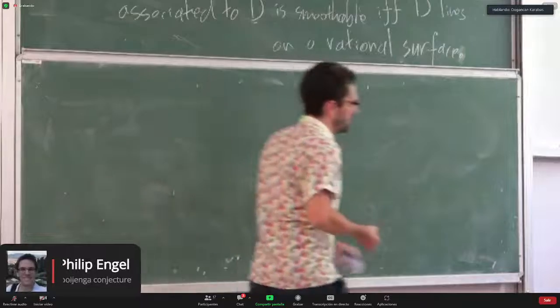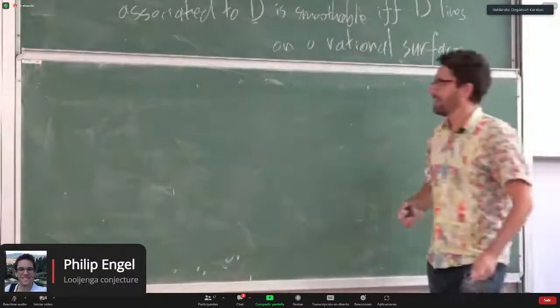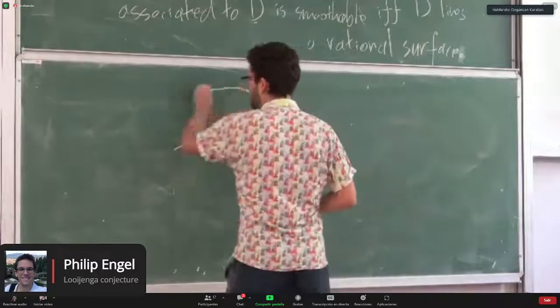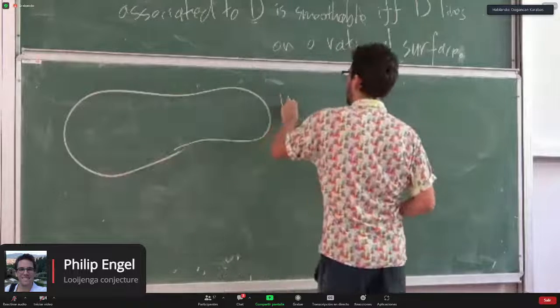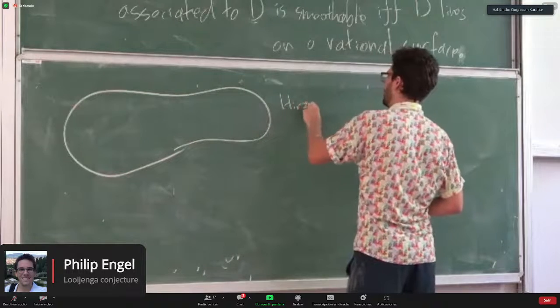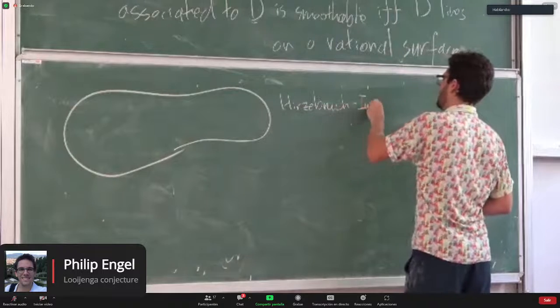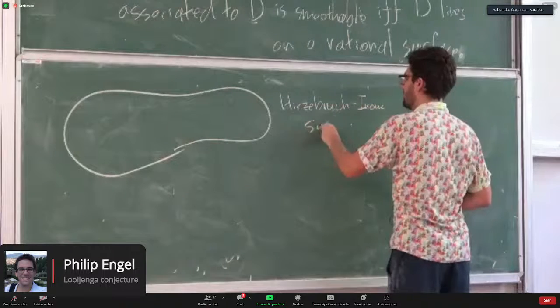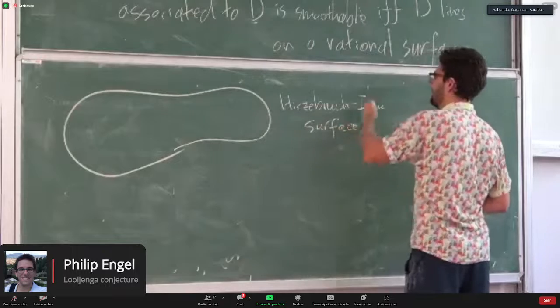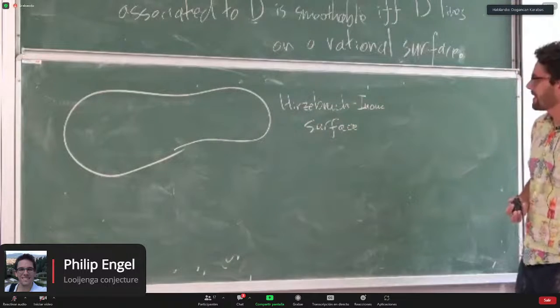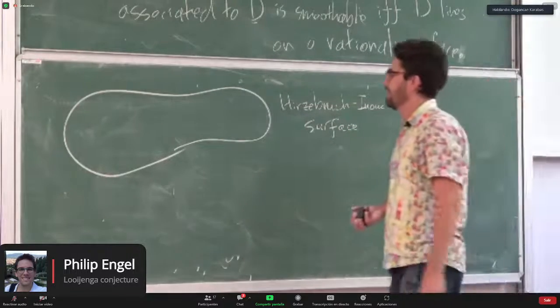And it turns out that there's a compact surface called a Hirzebruch-Inoue surface. These are really the people that discovered this sort of duality.